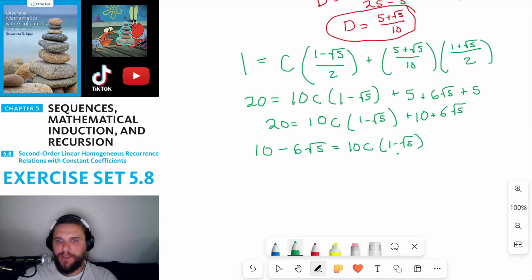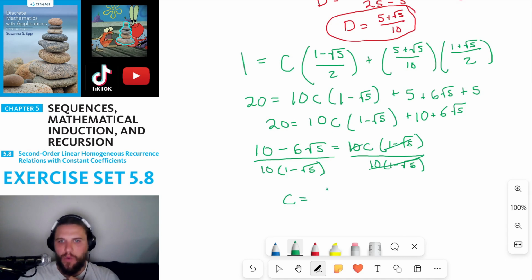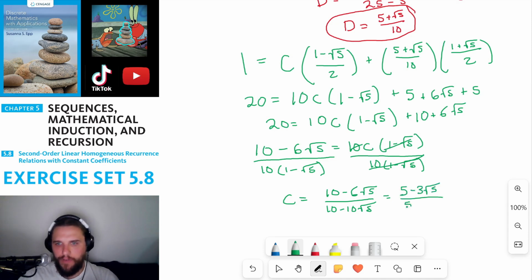We could divide both sides by 10 times 1 minus root 5, and that way we get C equals 10 minus 6 root 5 over 10 minus 10 root 5. We can reduce everything down by 2, so this is 5 minus 3 root 5 over 5 minus 5 root 5. And then we can rationalize the denominator by multiplying the numerator and the denominator by 5 plus 5 root 5.